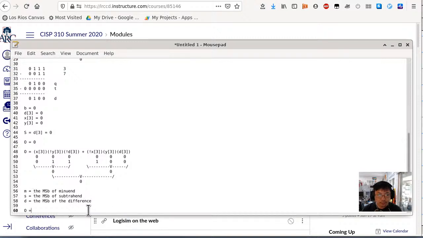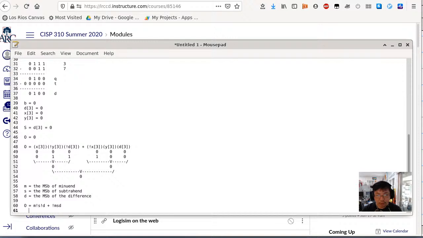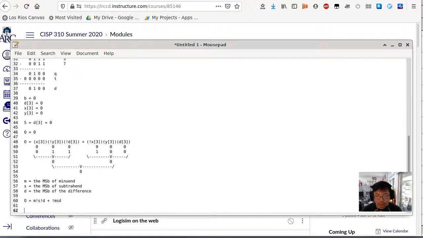overflow is defined to be M not S not D, which means M and not S and not D, or not M and S and D. So that means we have two chances to make the overflow a 1. The two situations to make overflow a 1: overflow is a 1 if and only if, okay, there are two scenarios. M is a 1, S is a 0, and D is a 0.